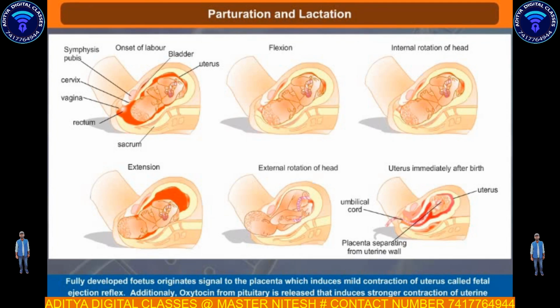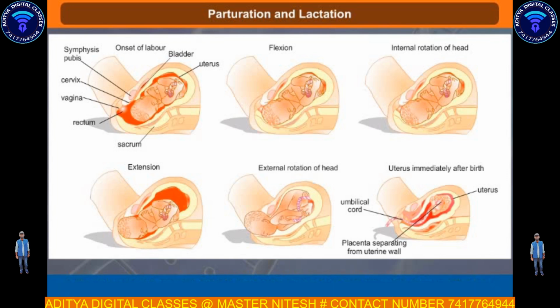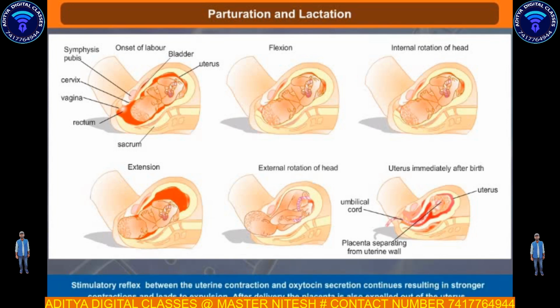Additionally, oxytocin from pituitary is released that induces stronger contraction of uterine myometrium, which in turn stimulates further secretion of oxytocin. The stimulatory reflex between the uterine contraction and oxytocin secretion continues, resulting in stronger contractions and leading to expulsion. After delivery, the placenta is also expelled out of the uterus.